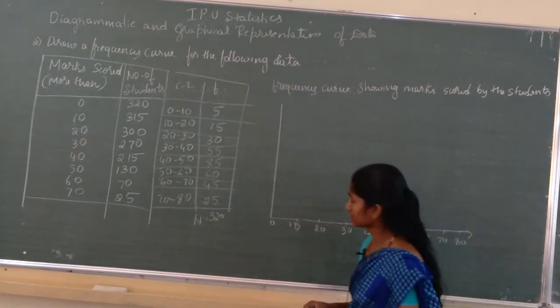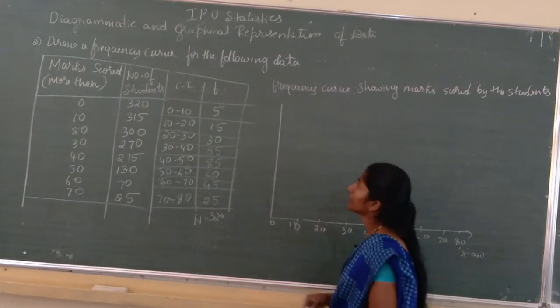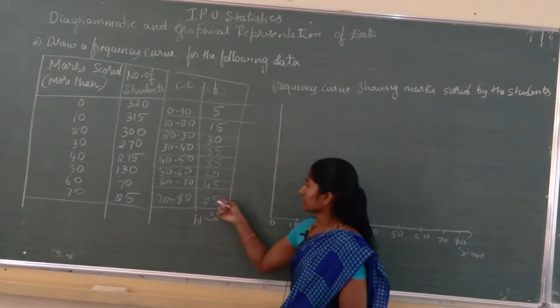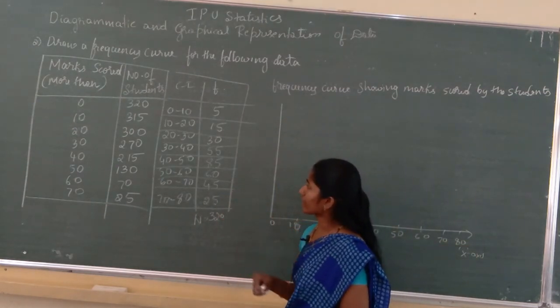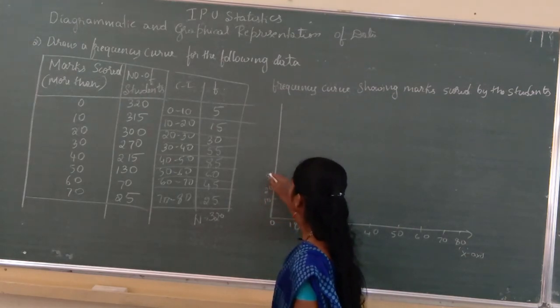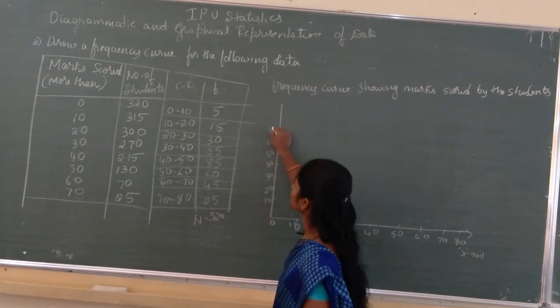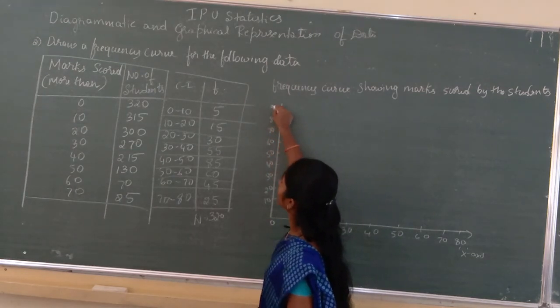X axis. Here y axis, least value 5, highest value 85: 10, 20, 30, 40, 50, 60, 70, 80, up to 90.